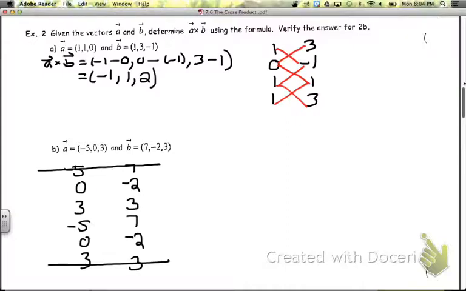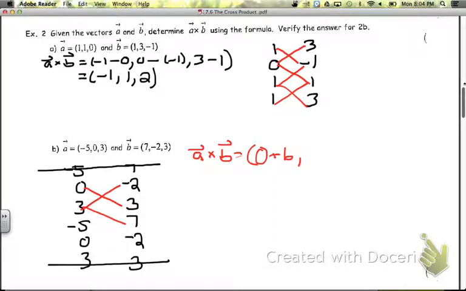So what we'll have here is 0 times 3, so the cross product between A and B. 0 times 3 is 0, and then we are going to minus 3 times negative 2, so negative 6, so it's really plus 6.